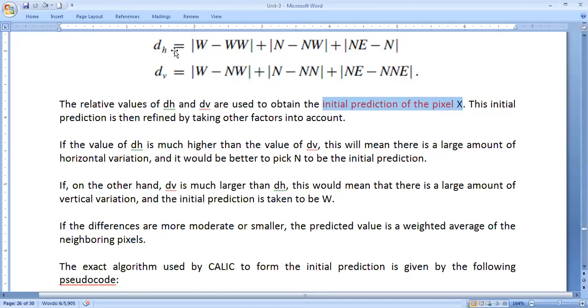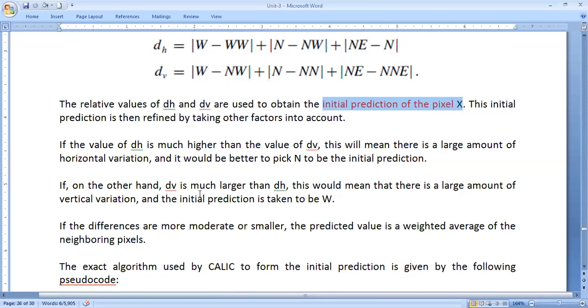Means अगर हॉरिजॉन्टल वैल्यू ज्यादा होती है देन वी पिक नॉर्थ वैल्यू. उल्टा है कि अगर हॉरिजॉन्टल वैल्यू ज्यादा हो रही है देन वी टेक वर्टिकल वैल्यू, एंड विच वन इज द जस्ट वर्टिकल ऑफ एक्स इज नॉर्थ.